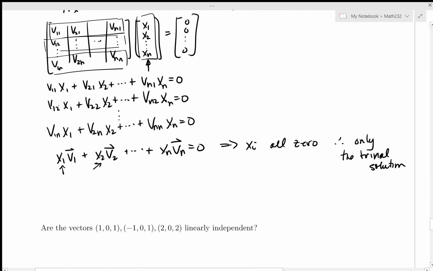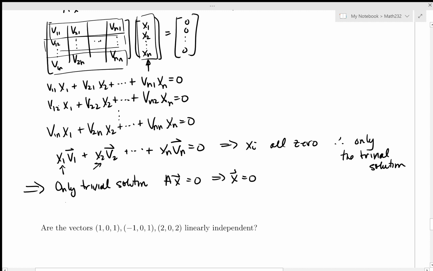Then the other direction is straightforward. Assume only the trivial solution exists. That means Ax equals 0 implies that x is equal to 0.